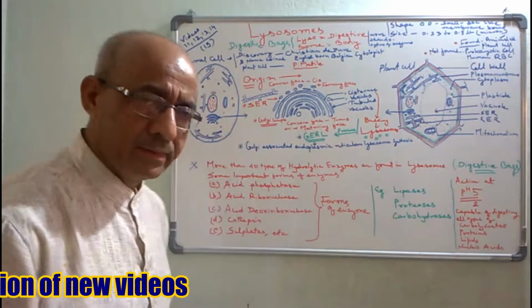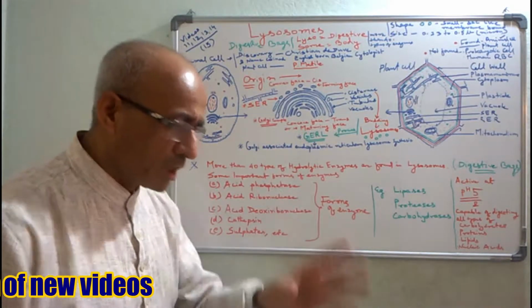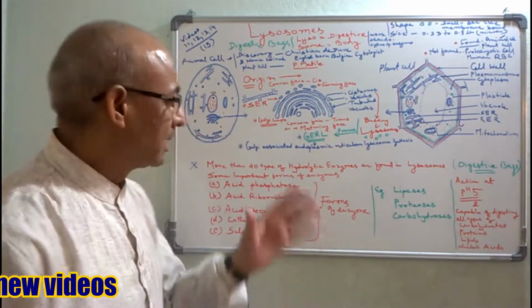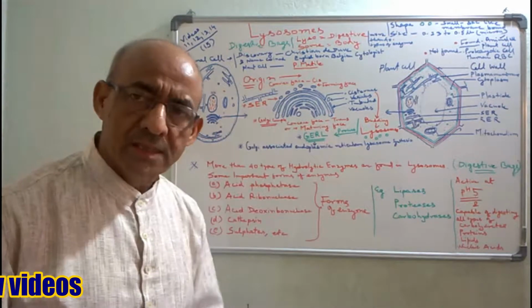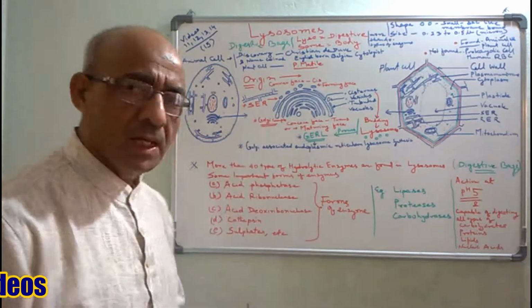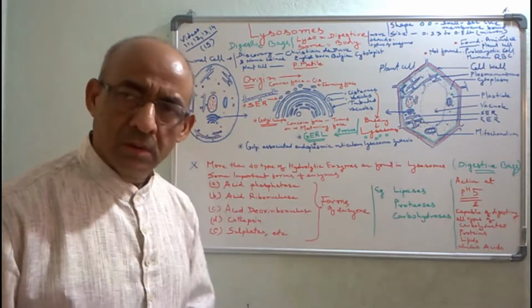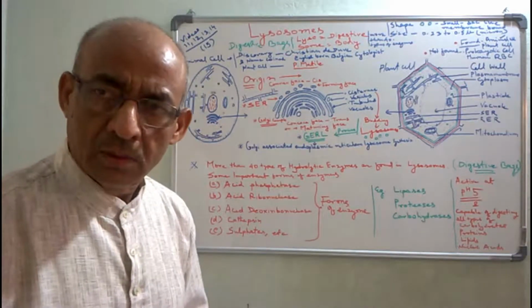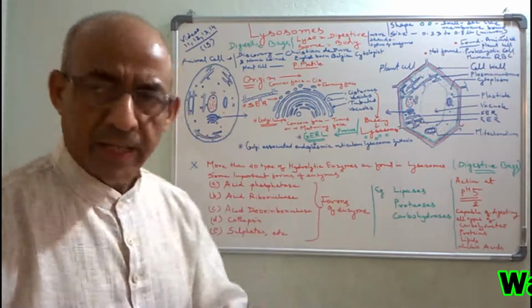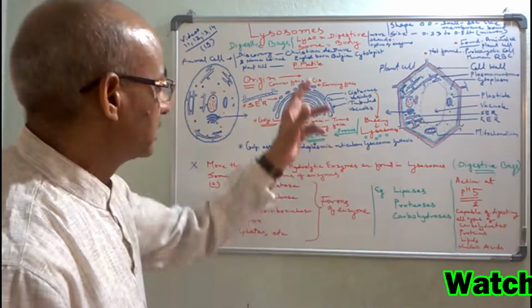And there they bud off, particularly the vesicles of the smooth endoplasmic reticulum bud off those materials which they were carrying at this phase.